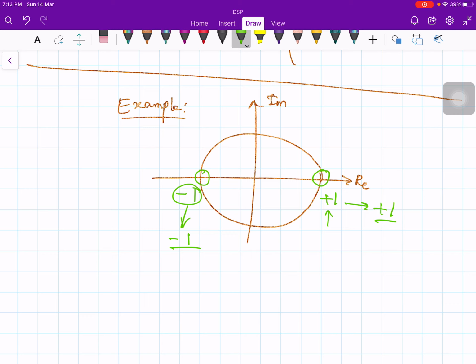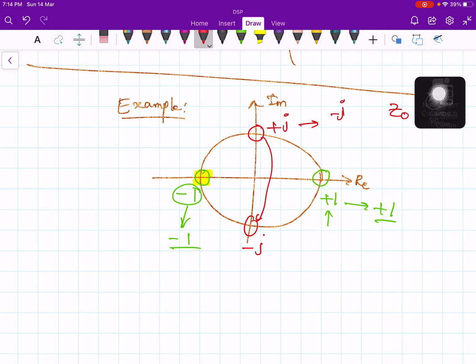But if I have a zero at plus j, then its reciprocal is minus j, because if z0 is a zero of the polynomial, then its reciprocal is 1 over z0.